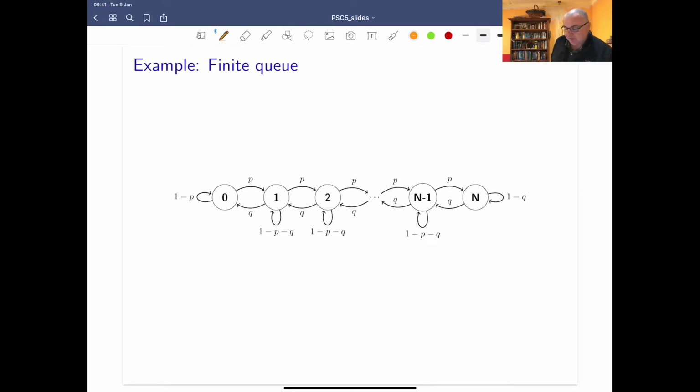It can increase with probability p, and decrease with probability q, but it could also stay the same. For all the states except 0 and n, this is 1 minus p minus q. Notice that the arrows leading out of every state always add to 1. For 0, the probability you stay at 0 is 1 minus p, and at the far right, n, the probability you stay full is 1 minus q.